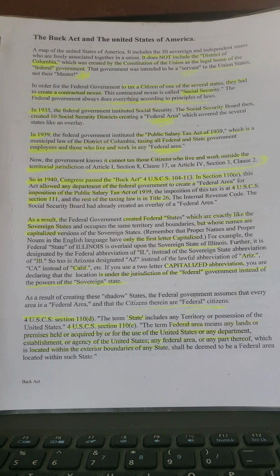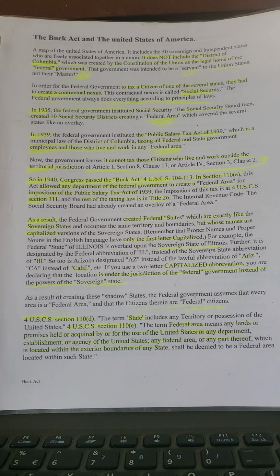So in 1940, Congress passed the Buck Act, codified at 4 USCS 104 through 113.